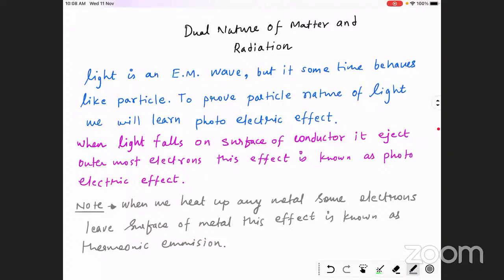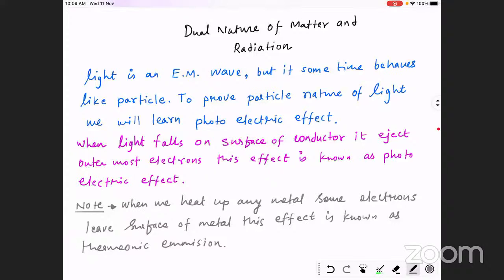So when m1 collides with m2, after collision m2 will start moving, right? So what happened here? Some energy transferred from m1 to m2. समझ आया बच्चों? Overall energy is conserved, but energy will be transferred from one particle to another particle in the collision.